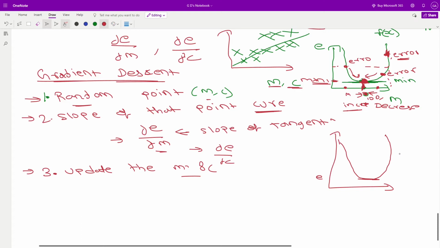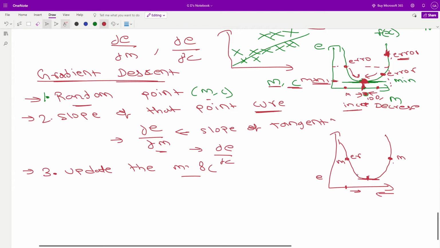Let's assume randomly you picked your m value here. In this case, you should decrease your m value to reach the minimum point. If you randomly pick the m value here, you have to increase the m value to reach the minimum point. Either you should increase or decrease.